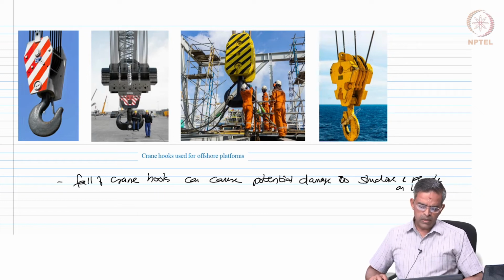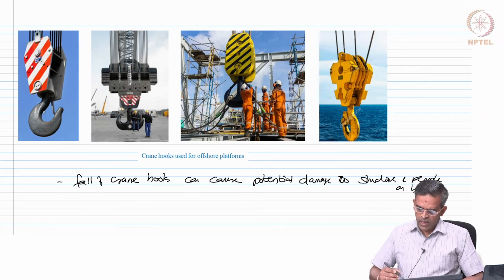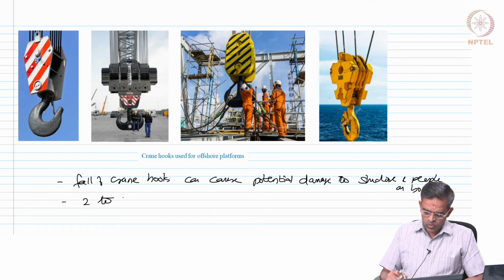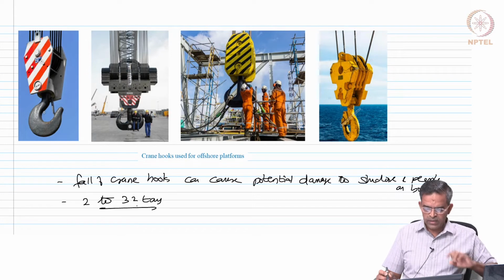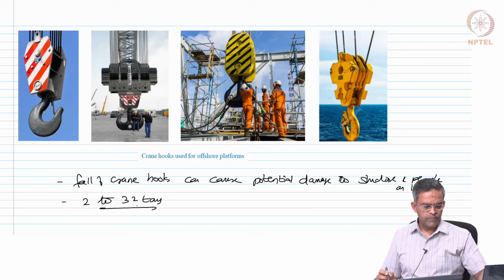Look at the typical crane hooks being shown on the screen. They are very massive and they vary from 2 to about 32 tons. That is the range of weight these crane hooks have.